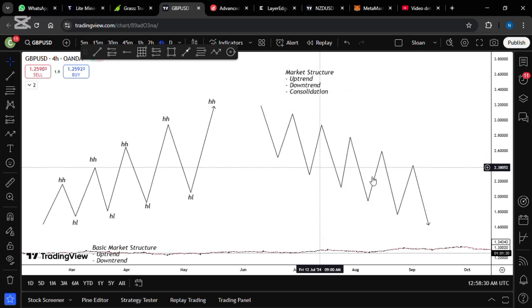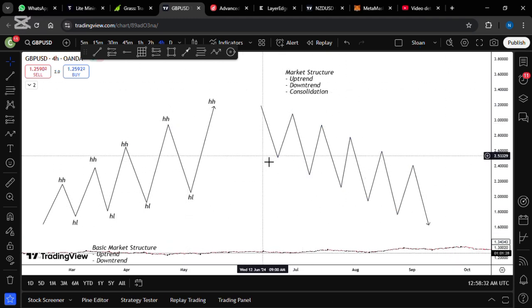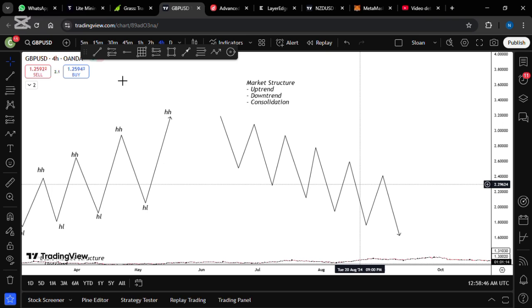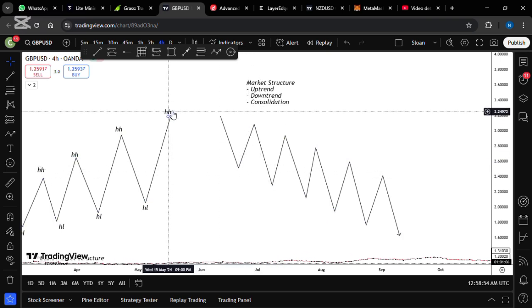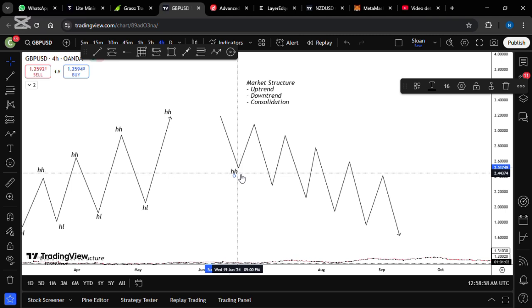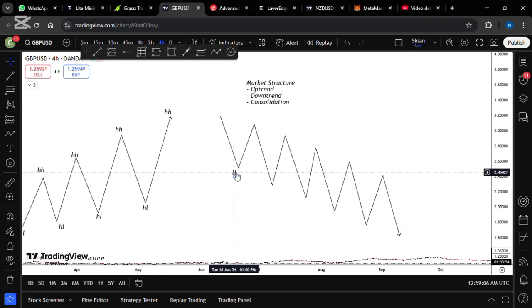All right, so this market now forms a break of structure here. That means taking out the previous low. That's basically what we're trying to explain. Let me articulate this. That means, all right, so this should be lower low. Yes, lower low, and then same thing for all market forms.